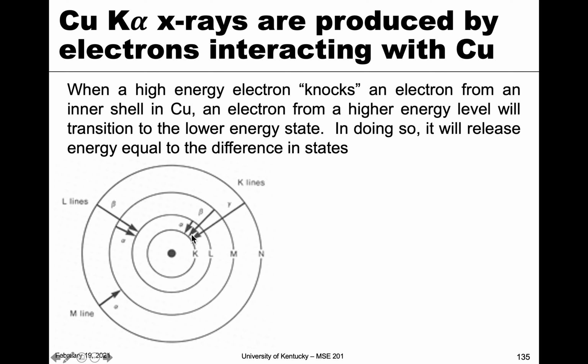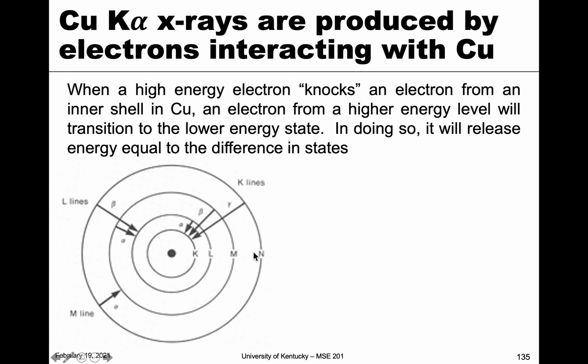And so that will reduce the energy, and the energy difference will basically liberate energy because it's lowered the energy of the atom. And so that difference in state is quantized, as we know. And so that difference in energy between the N shell and the K shell will give us ejection of energy at a very discrete level.